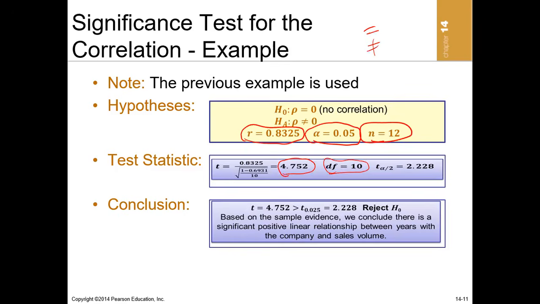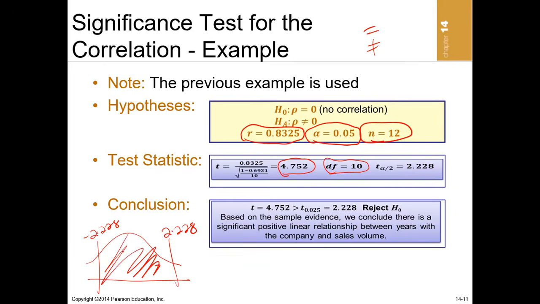With a degree of freedom of 10, 95% confidence, two-tailed, you are going to get a T value of 2.228. So if you plot this on the diagram, here will be negative 2.228, and here will be positive 2.228.